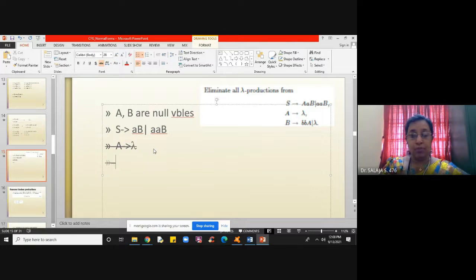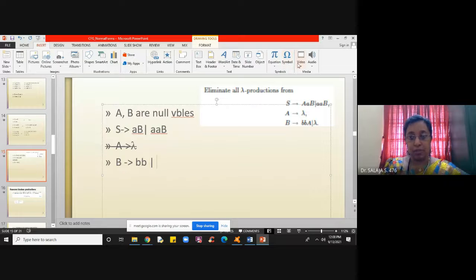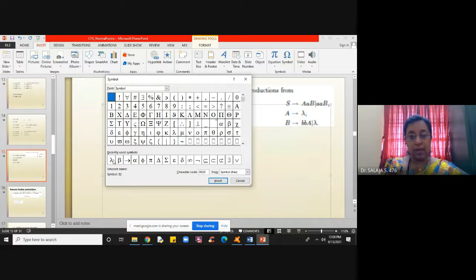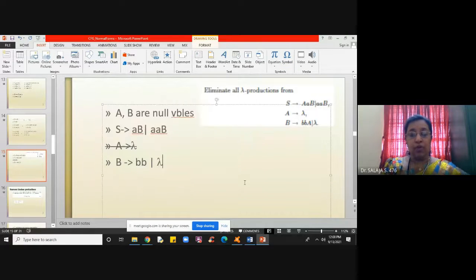And then what about B? Production B produces either BB, or you still have this lambda here. A's production has been removed, so you still have lambda here. Now we'll go for the next phase. Wherever I have B, either it can go for the first option, BB, which is not lambda, and then it can go for the second option.